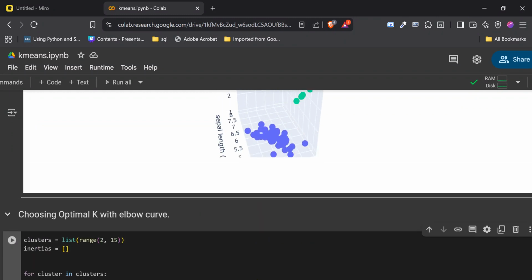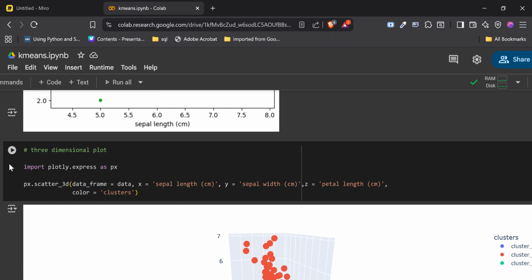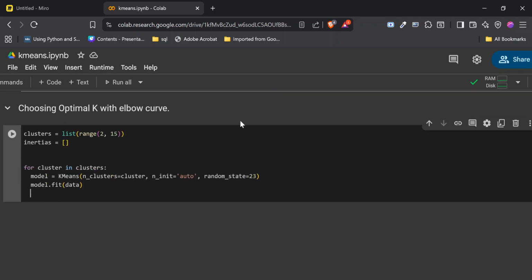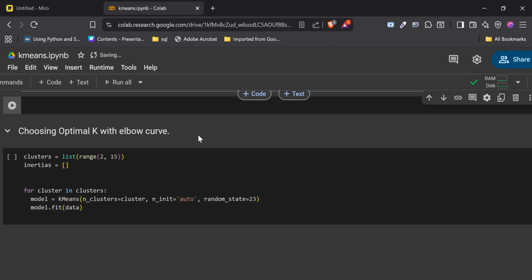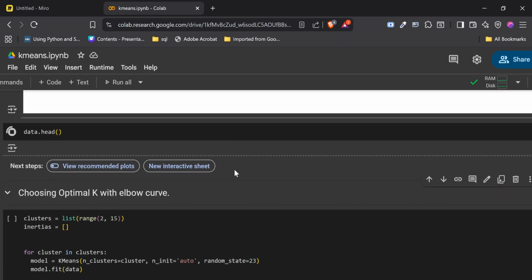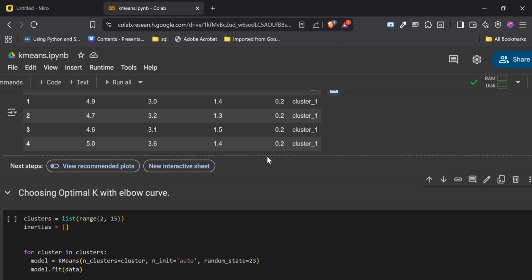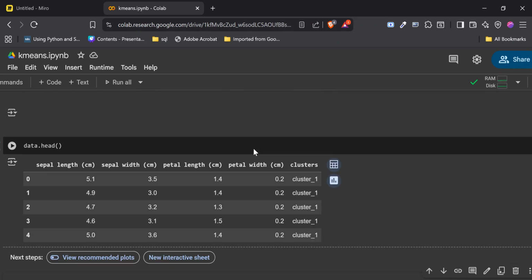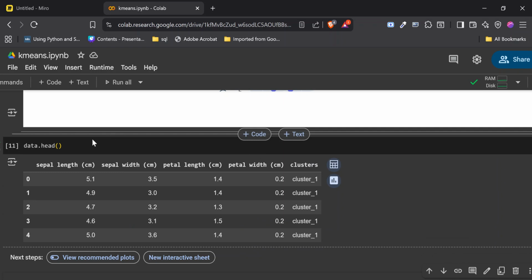We might not want to do this yet, because our data currently has this cluster column inside it. So before we do this, we should drop it.